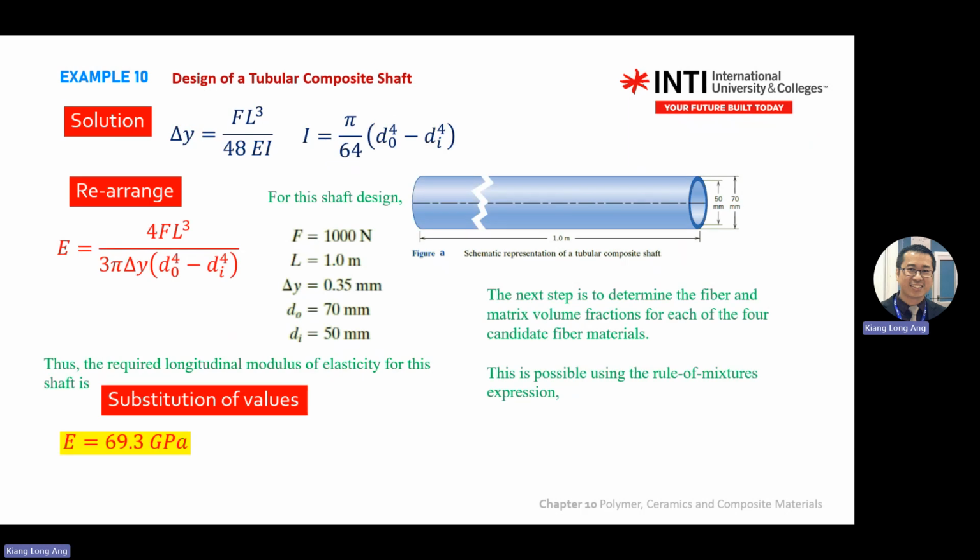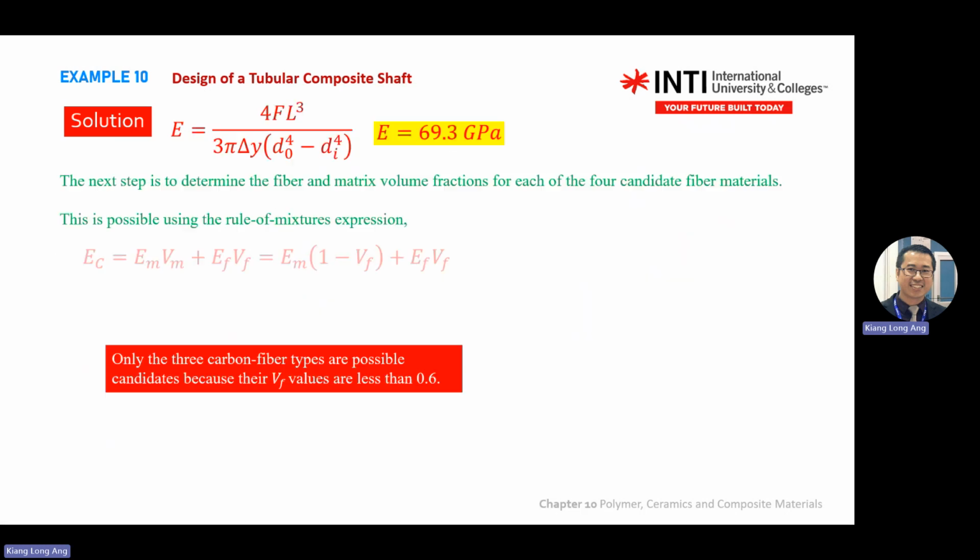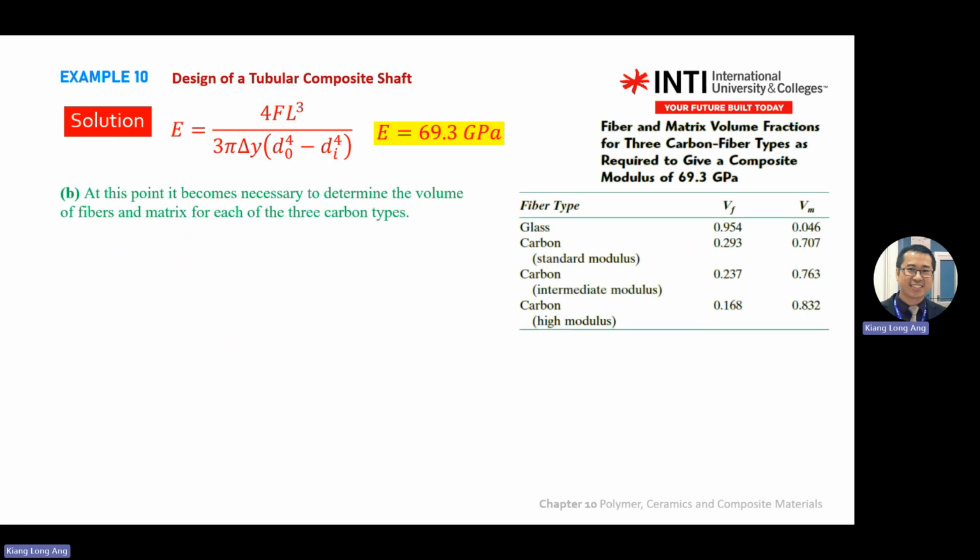Pi r square times length, but this one is a tube, so you find the outside minus inside, you get the tube. Okay. So you find this volume. You know that total volume for the pipe is 1000 something in cm cube. Then you can calculate volume. You have this fraction already.